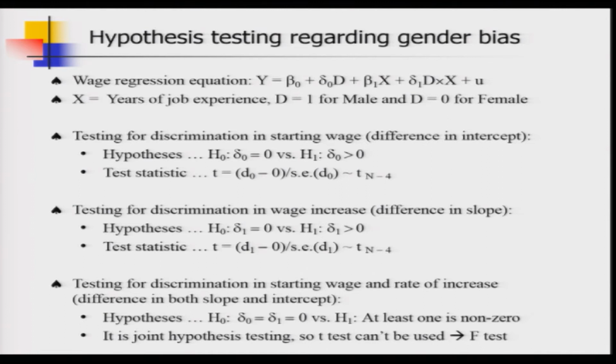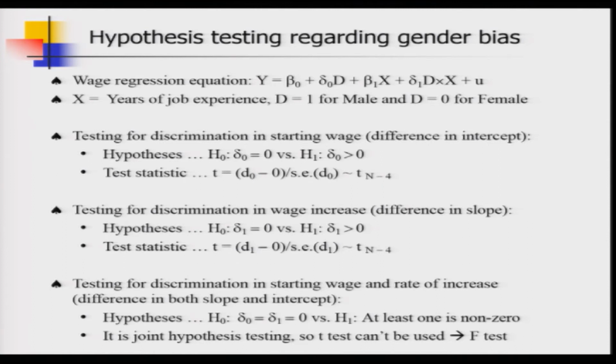So, in other words, I am interested in testing the difference in both slope and intercept dummies. Okay. So, here the hypotheses are going to be somewhat different, because here we are talking about two parameters at a time. So, of course, this simple hypothesis testing will not work, we have to adopt joint hypothesis testing.